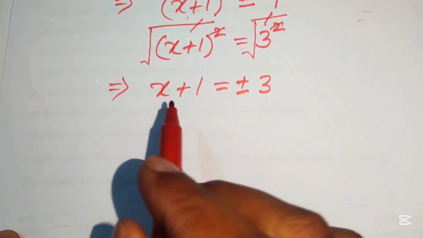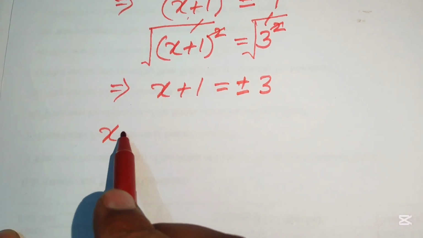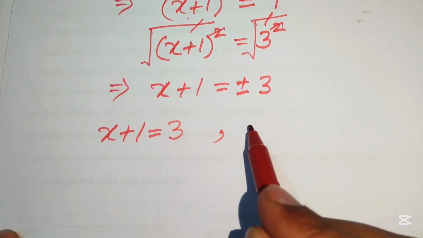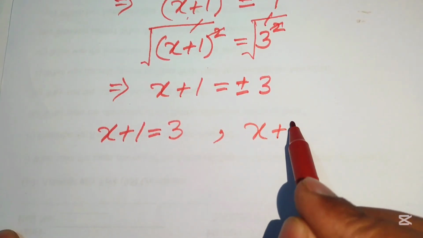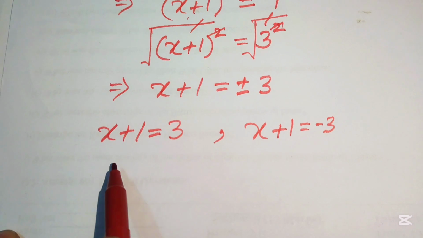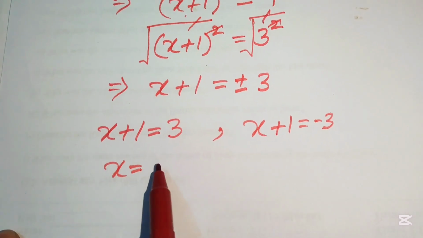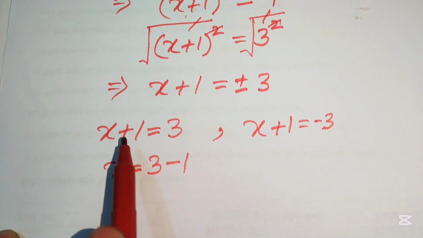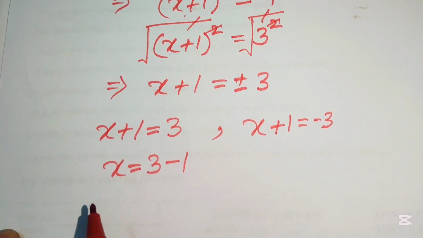Now we divide this into two cases. Our first case is x plus 1 equals 3, and the second case is we write the negative value, x plus 1 equals minus 3. So you easily get x equals 3 minus 1, because when we move the plus 1 to the right hand side, it becomes minus 1.